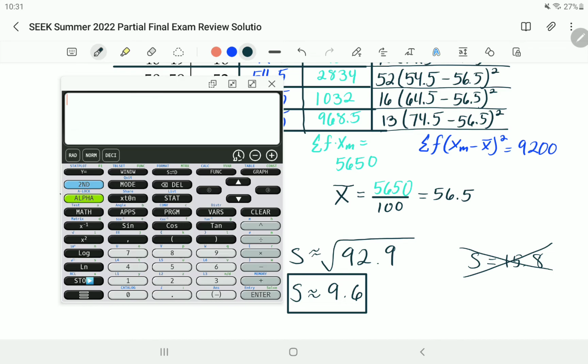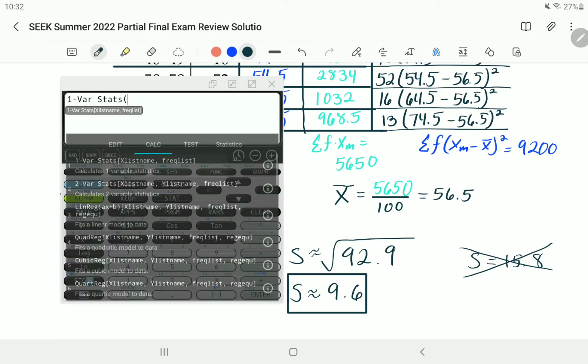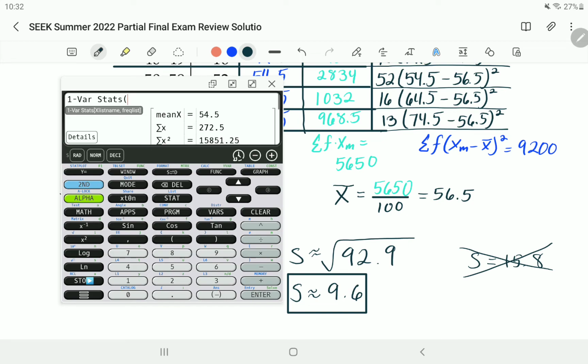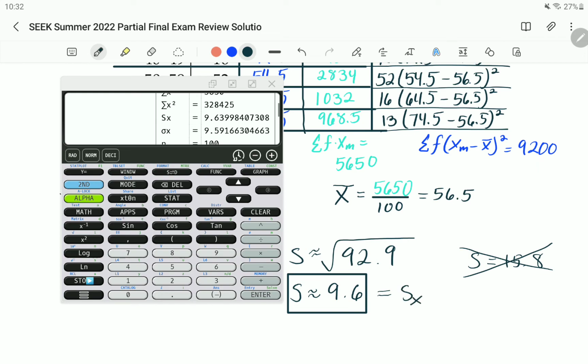After you do that, you're going to hit stats. Go over to calculate. One variable statistics. Second, hit 1 for L1, comma, second, L2. So you want to hit 2. Hit enter. And there you go. Sx is your sample standard deviation. Rounded to one number after the decimal, that is approximately 9.6 as well.